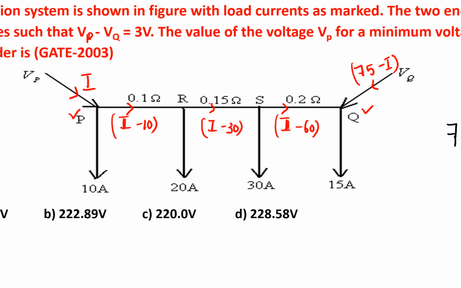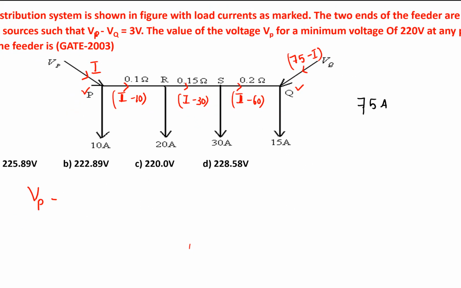Okay. Now, what is the voltage drop given? Vp minus Vq, he has given it as 3 volt, which implies this voltage drop is equal to the voltage drop along the branch that is connected between P and R, and R and S, plus S and Q. What is the voltage drop of the branch connected between P and R? 0.1 ohm into what is the total current?